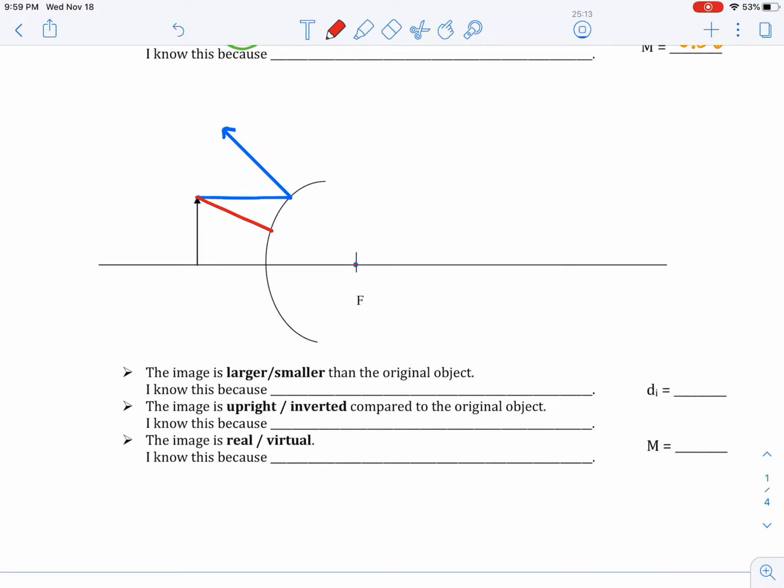So I'm going to stop when I get to the mirror. My ruler goes all the way across, but the light does not. Because this is a mirror, it is going to bounce off. It is reflected. So from here, we are going to lay our ruler so that it's parallel to that horizontal axis, and we're going to show how the light then bounces straight out of the mirror.